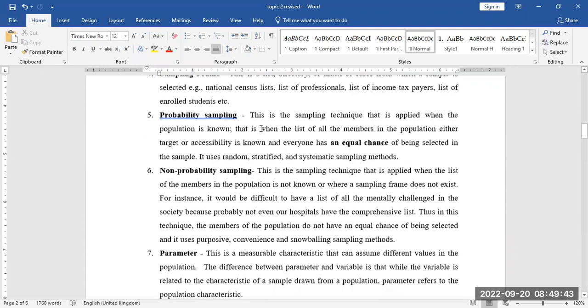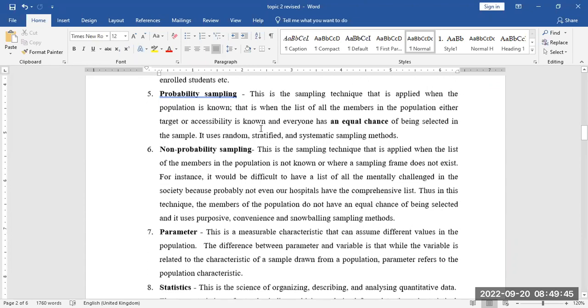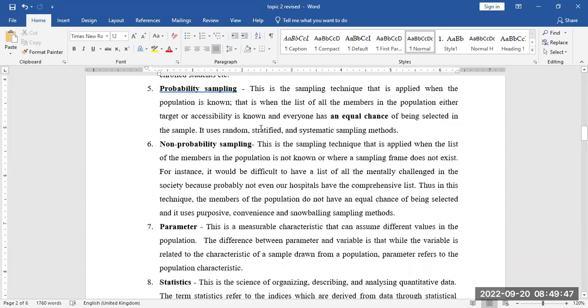Then we also have the probability sampling technique. Probability sampling is a technique used in selecting samples from the population, and it means that all the items in a population have an equal chance of being selected. I know you did probability in high school.